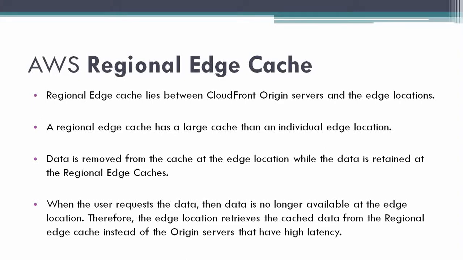So the request will not go to your origin server. It can be redirected to the regional edge cache, and you can serve your user from the regional edge cache, which has more capacity than the edge location.